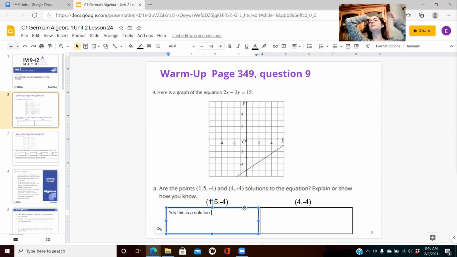What you could do is look to see either if it's on the line or if it is in an area where other points are correct. Yes, Connor. So we could say yes, it is a solution because it falls on that line. Very good.